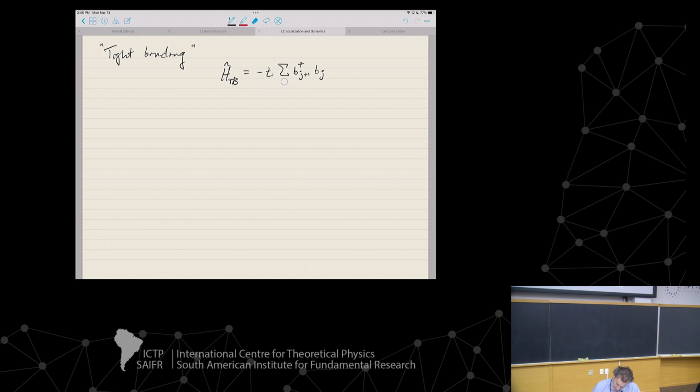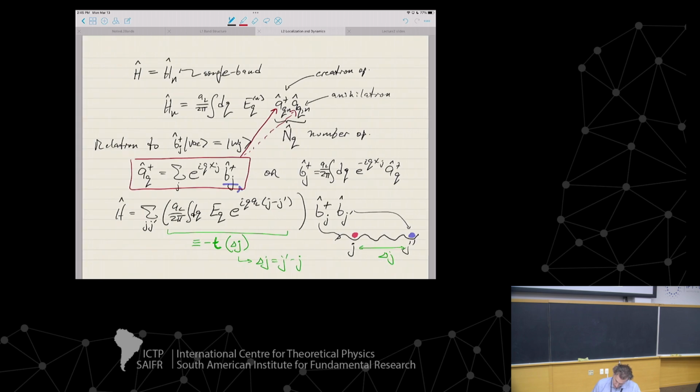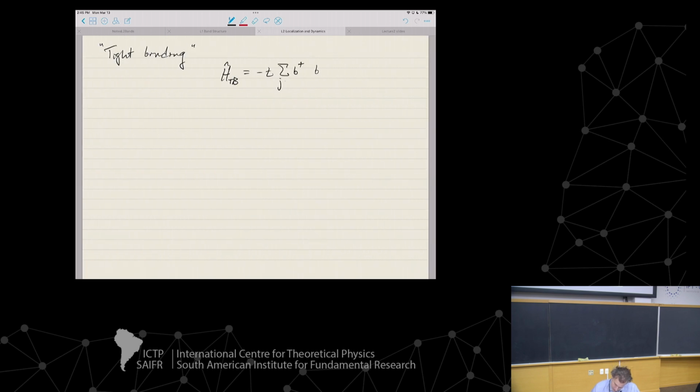Maybe a way to write this to start out with is that integral I just showed you on the previous page sums over all j's and all j primes, including the reverse order. So I can go from j to j prime, or if those are some sites, I could go j prime to j.